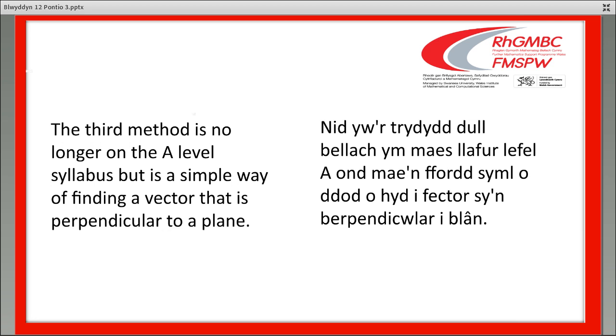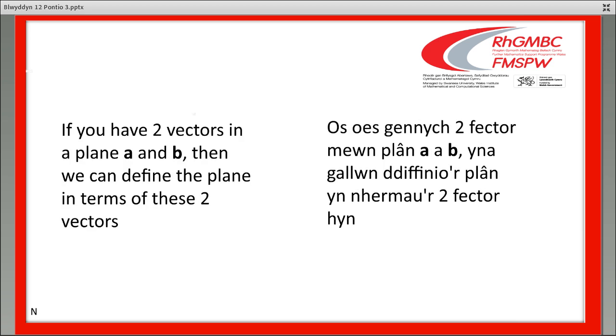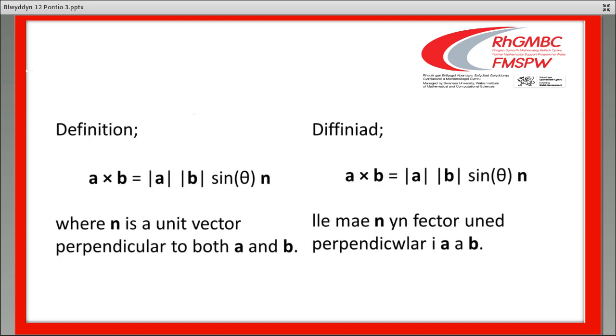And that's why it's so important. So as I said, the vector, plane A and B. The plane can be defined in terms of those two vectors.